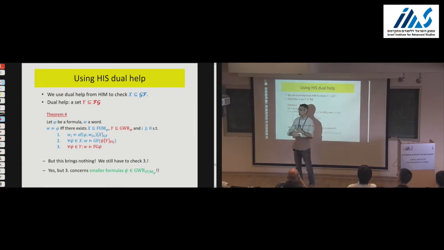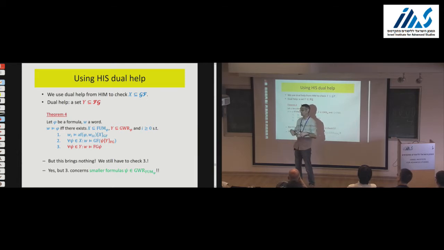Then God helps you, and you see that you still need some help from God. But you have done some work, and you observe that you now only need help from God for smaller formulas. So you can iterate the process, and this process has to terminate.